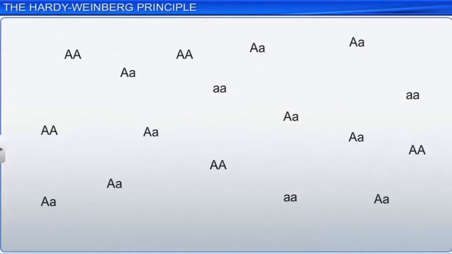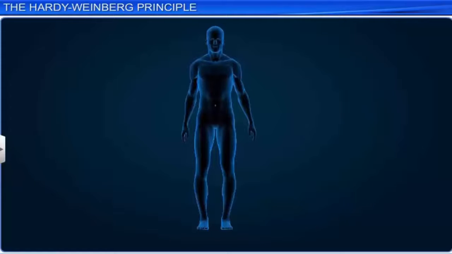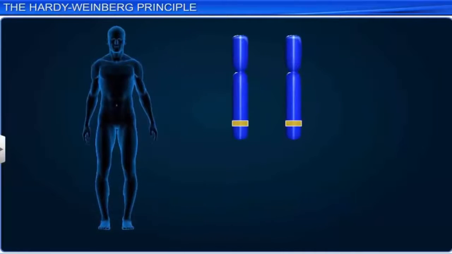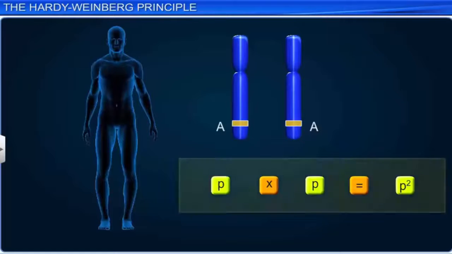Therefore, we can also say that in a population, the frequency of a homozygous dominant individual, that is capital A capital A, is simply p squared. In other words, the probability of allele capital A with a frequency of p to appear on both the chromosomes of a diploid individual is defined as the product of the probabilities, which is p into p or p squared.